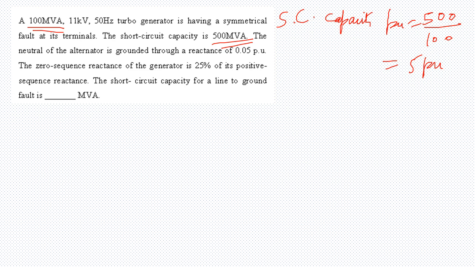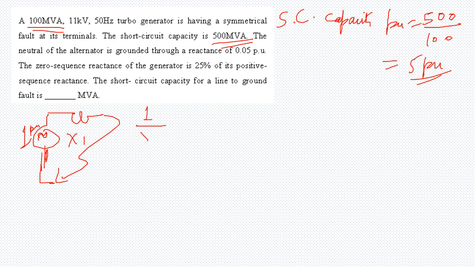If you take the inverse of this, you get the positive sequence impedance in per unit. Why do you get that? Because say this is my generator, this is the voltage and this is the positive sequence reactance of the generator, and a fault is done at its terminal, so this will be 1 per unit. So 1 over x1 is going to give me 5 per unit.